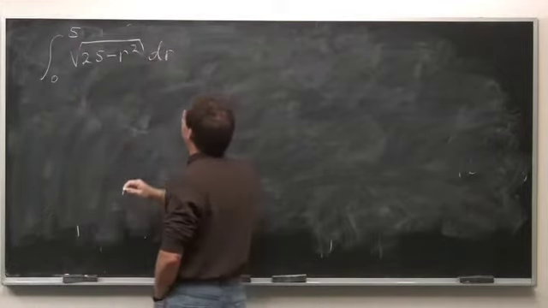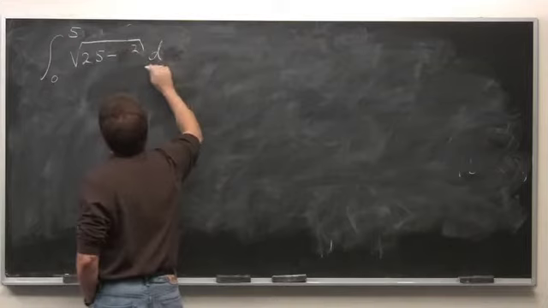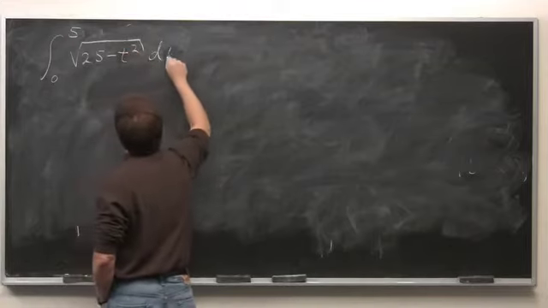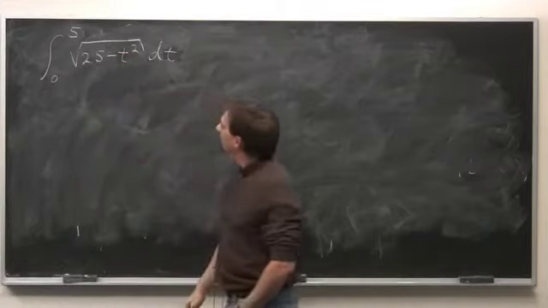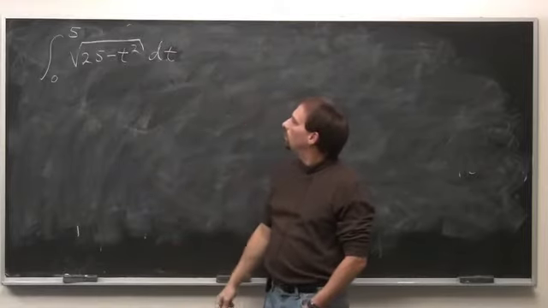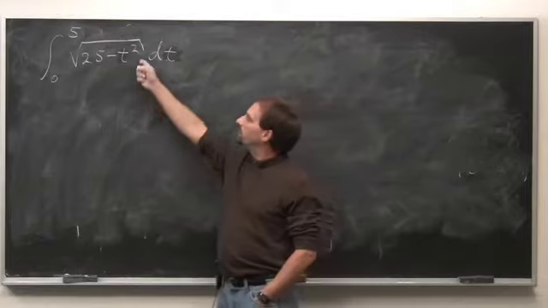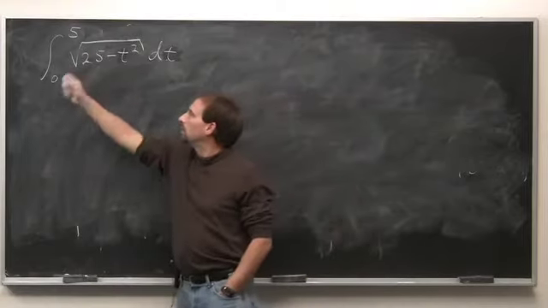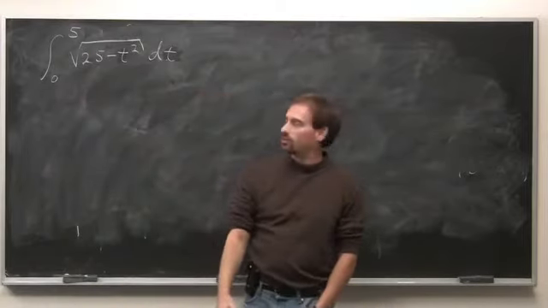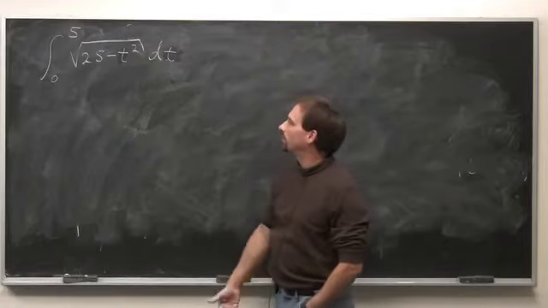All right, let me not use r. How about let's use something different. How about t squared dt? How are we supposed to do this? Well, this is certainly a continuous function on this interval. So a definite integral exists by theorem, but that doesn't help us calculate.